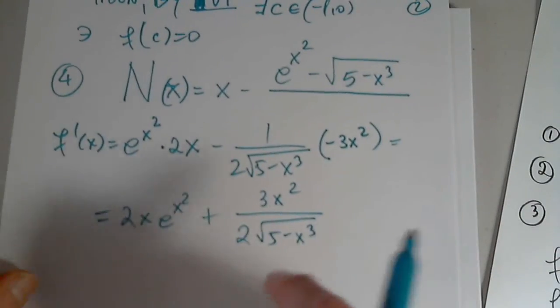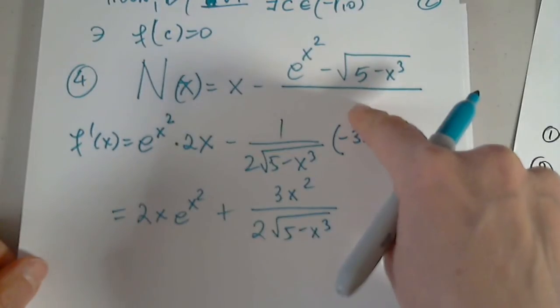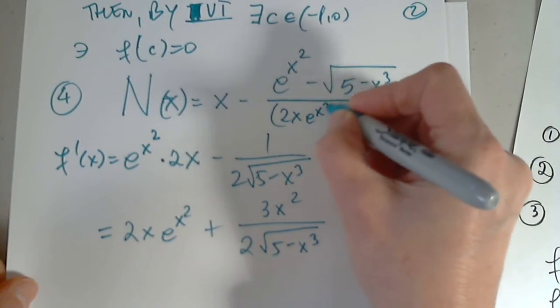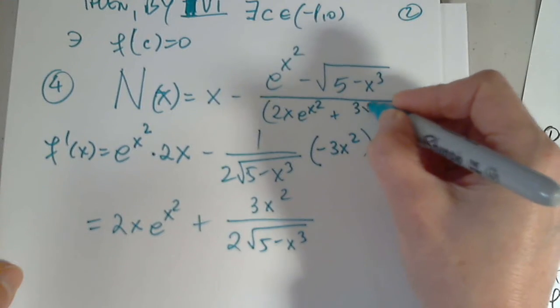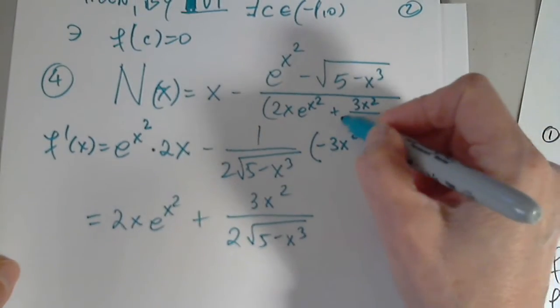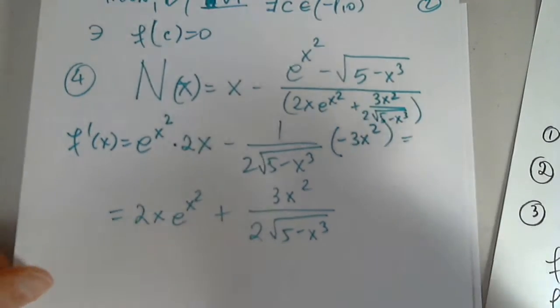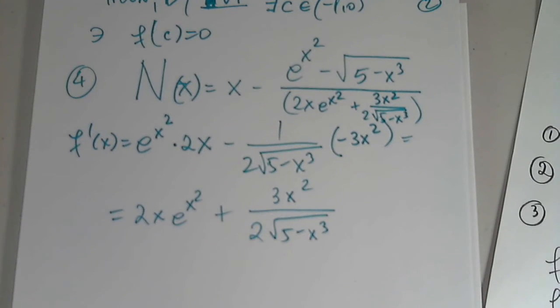This is a lot of work. I have to be very careful how I plug it in. So careful here with 2x e to x squared plus 3x squared over 2 square root of 5 minus x cubed. And now we have to make a decision if we want to start with negative 1 or 0.